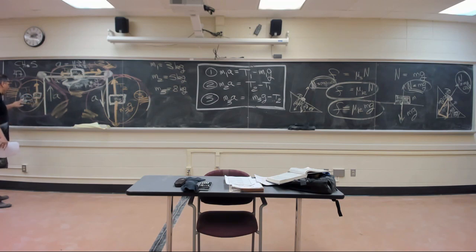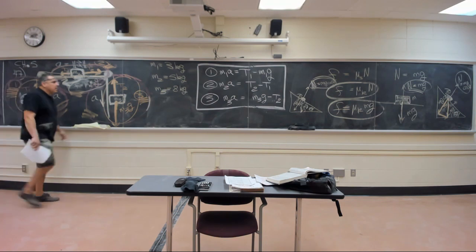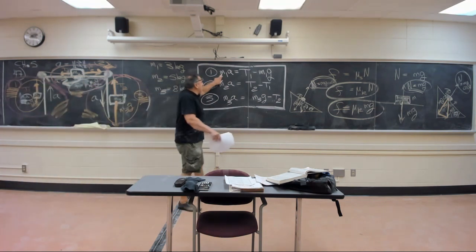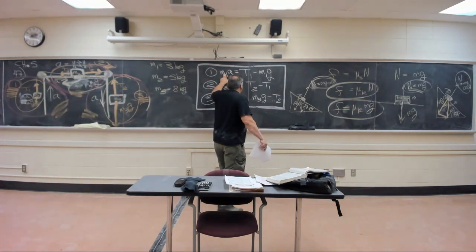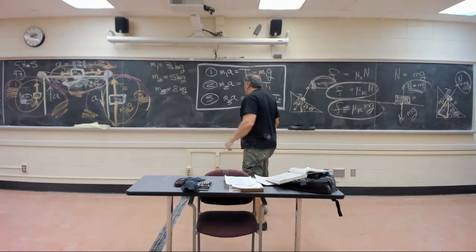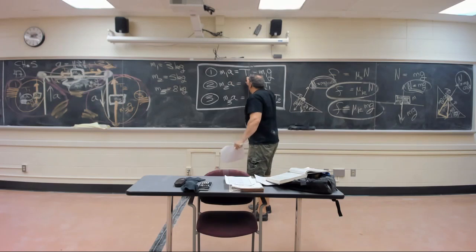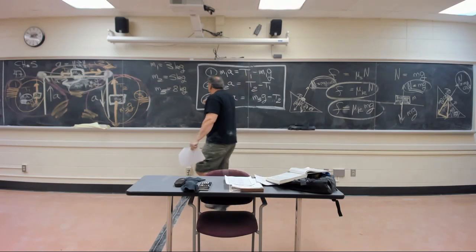The unbalanced force is M1A. That was true before we put friction in here. M1A is the difference between T1 and M1G. Nothing changes, ladies and gentlemen. M1A equals T1 minus M1G. Period.